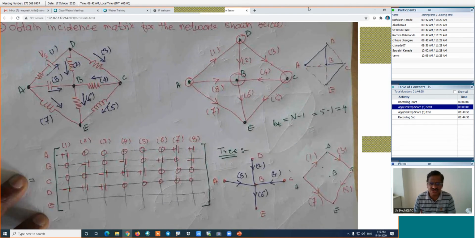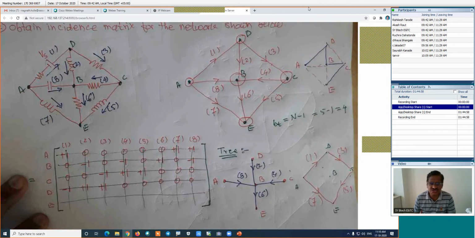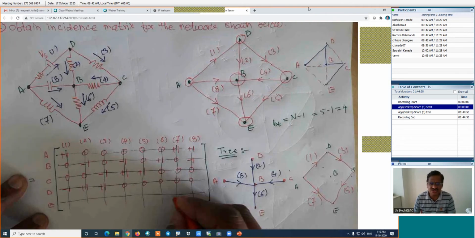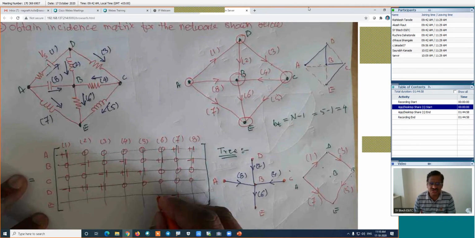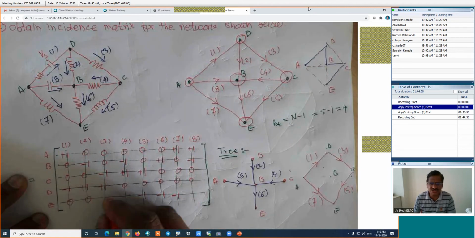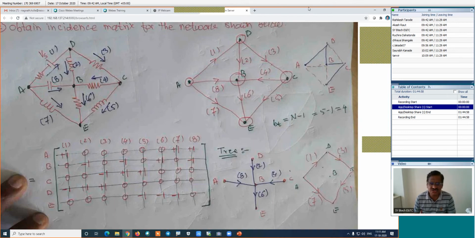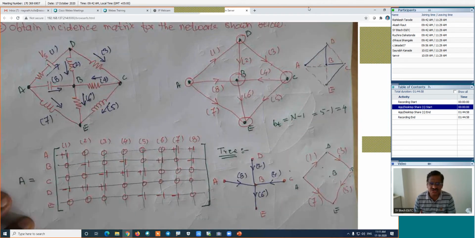And finally, coming to node E, branches 7, 6 and 5 are incoming. 7 is incoming, -1. 6 is also incoming, -1. 5 is also incoming, -1. And the remaining entries will be 0. This matrix is nothing but the incidence matrix.